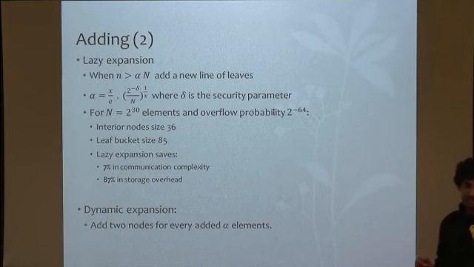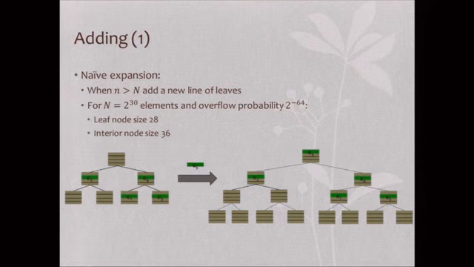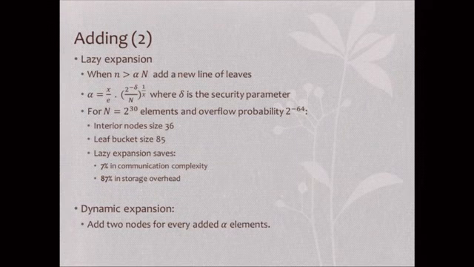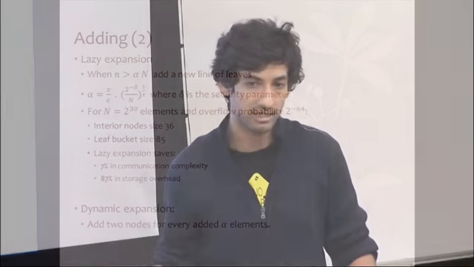It seems huge compared to the one presented here, which is just 28, but making everything fit in the equation of communication complexity, we will see in our experiment that it's much better. We are saving 7% in communication complexity and 87% in storage.